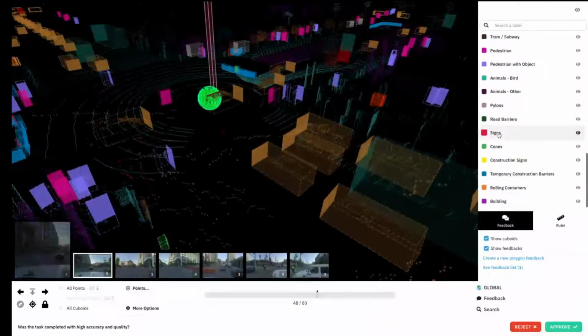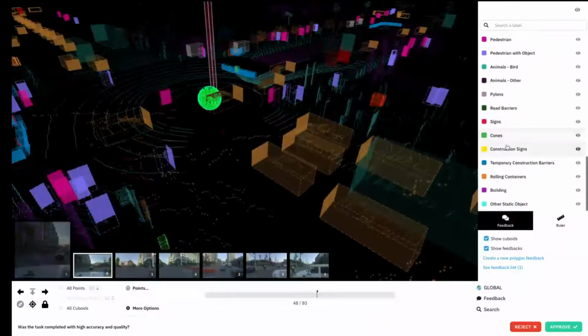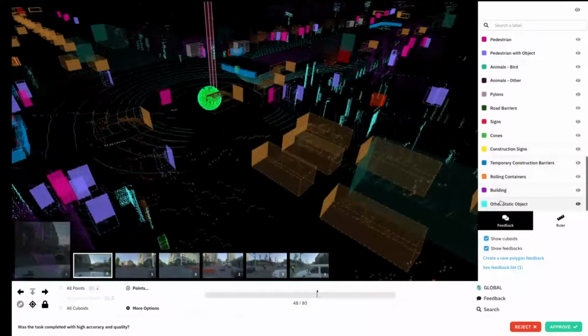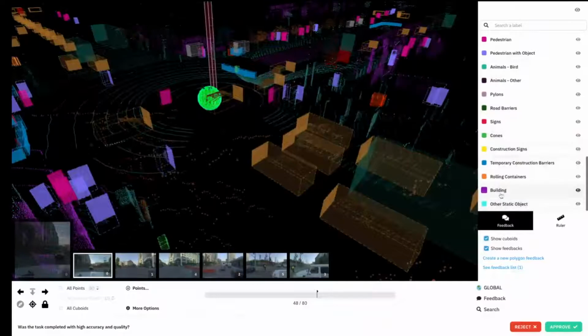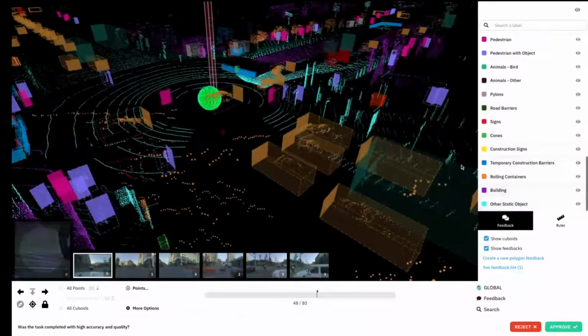A lot of taxonomies. Buildings, rolling containers, other static objects. So there are so many objects here.